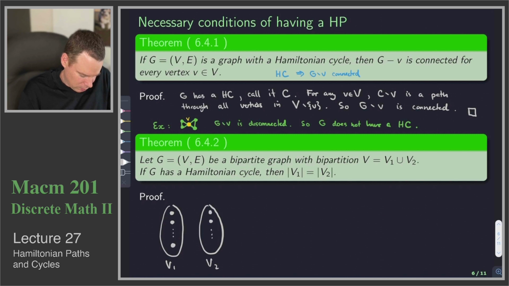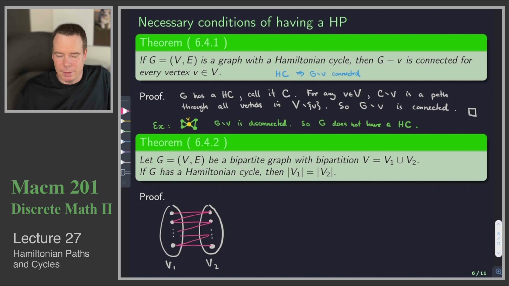We've got our vertices in the other half. And this graph has a Hamilton cycle. So what that means is there's a way to arrange the vertices in each half of the bipartition in such a way that our cycle looks like this. It goes across and then back, and then across and then back, and so on. Across and then back, across, and it's got to come back again.